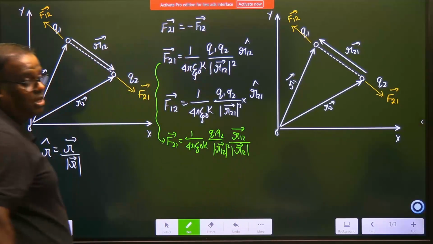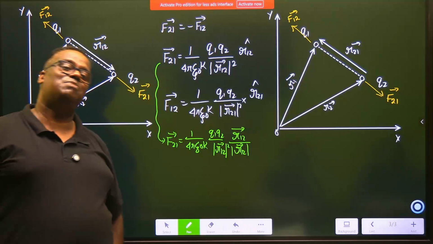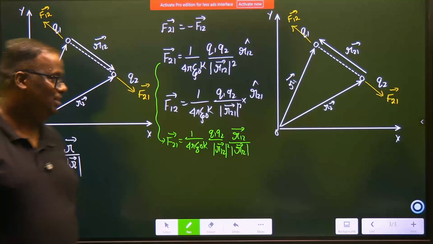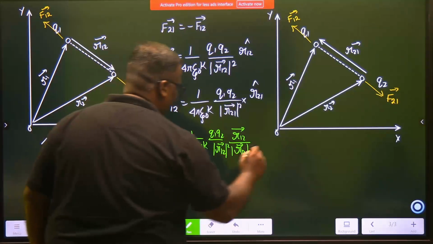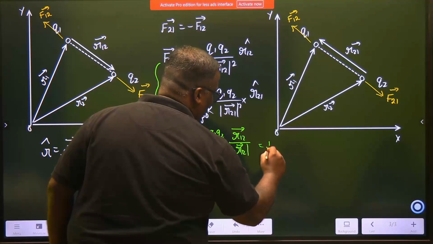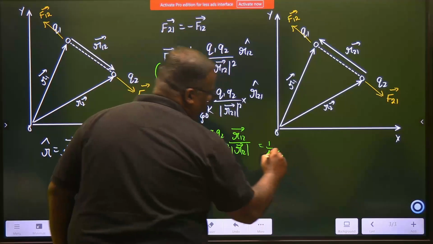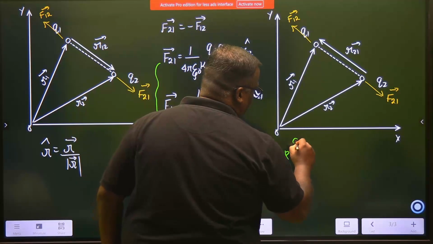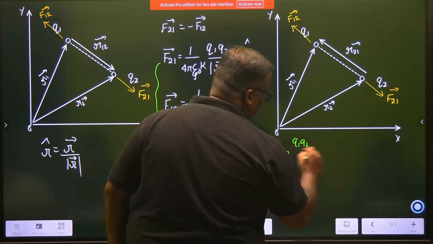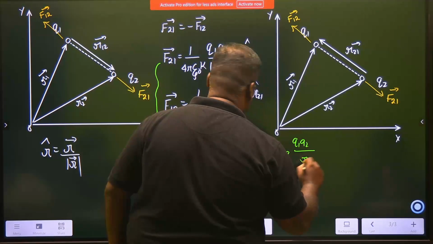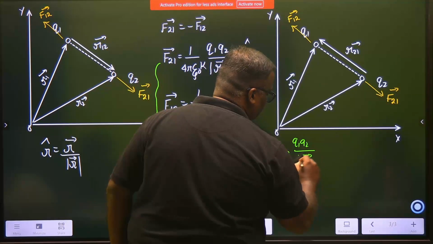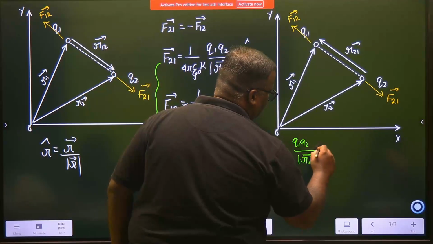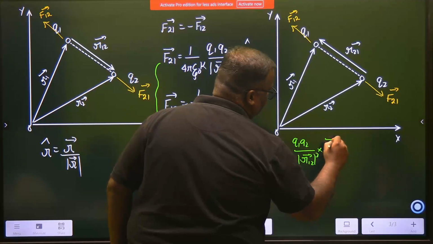The square in this becomes cube. That's why in some books you will see it as cube. In fact, that is the right way to write. This is 1 upon 4 pi epsilon naught K Q1 Q2 divided by R12 cube into R12 vector.